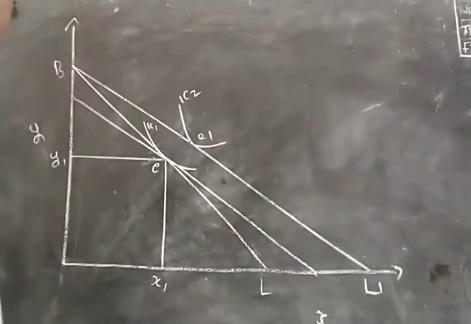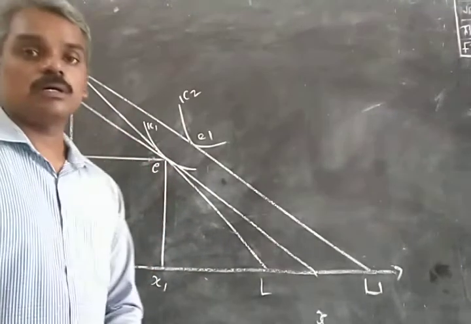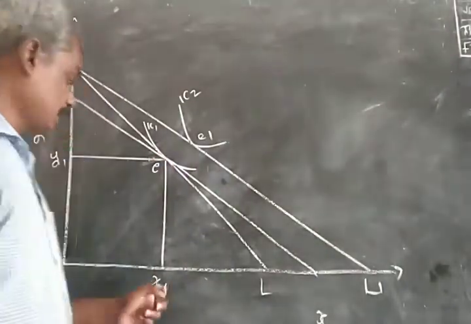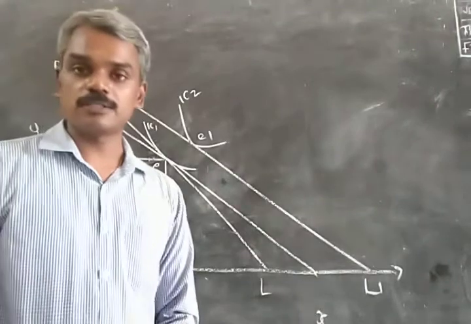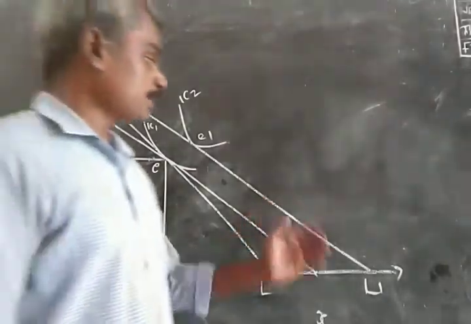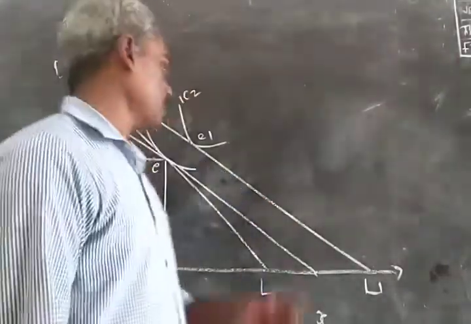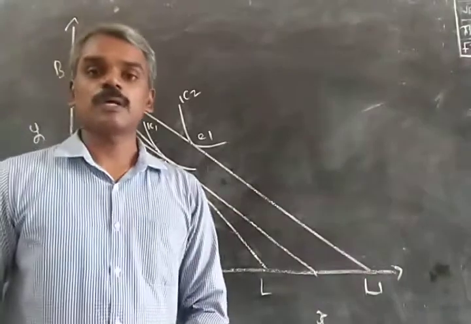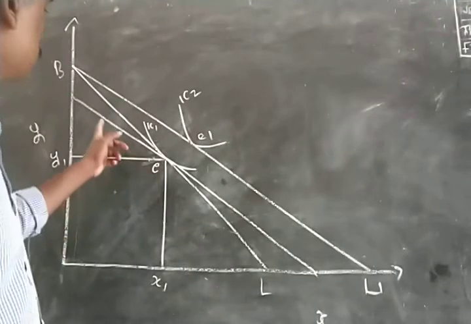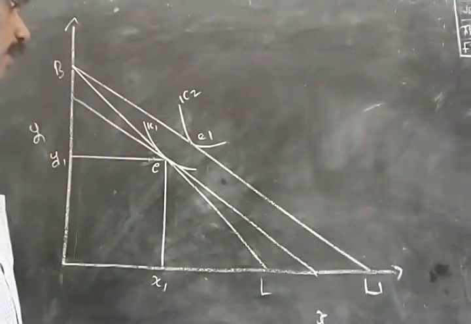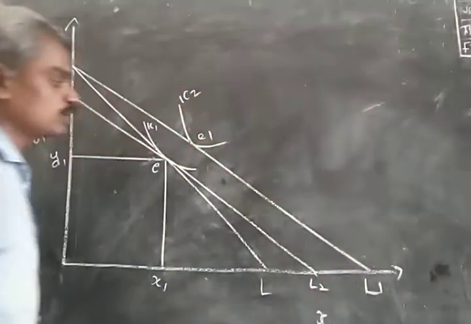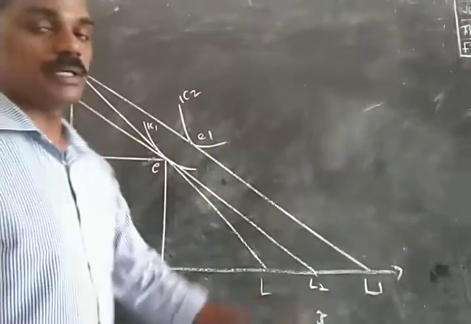But here, it is required that the consumer should have the option of buying the first combination, that is at E, X1 of X and Y1 of Y if he wants, so that the budget line passes through point E and at the same time the price ratio should be the same as on BL1. And we can ensure this by drawing a budget line parallel to BL1. You can see that the new shifted budget line B2L2 is parallel to the old budget line BL1.